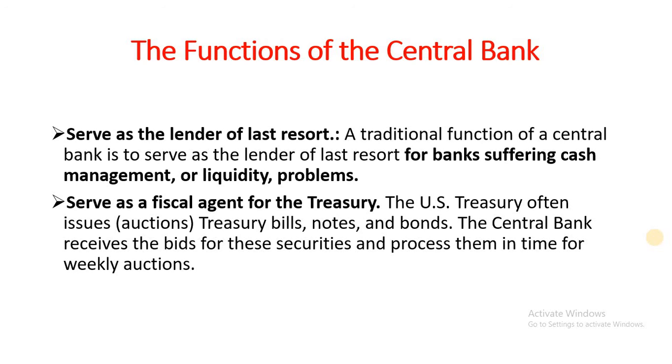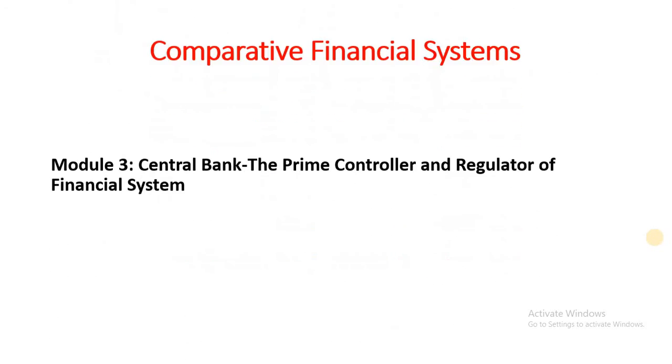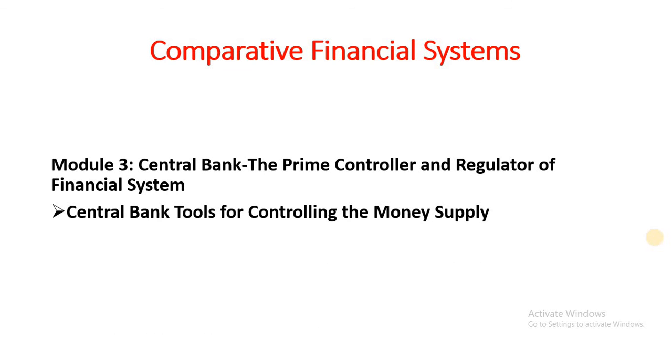In this case, the central bank receives the bids for these securities, and the central bank usually takes part in the process of the auction of these securities. In our next lecture, we'll cover central bank tools for controlling the money supply.